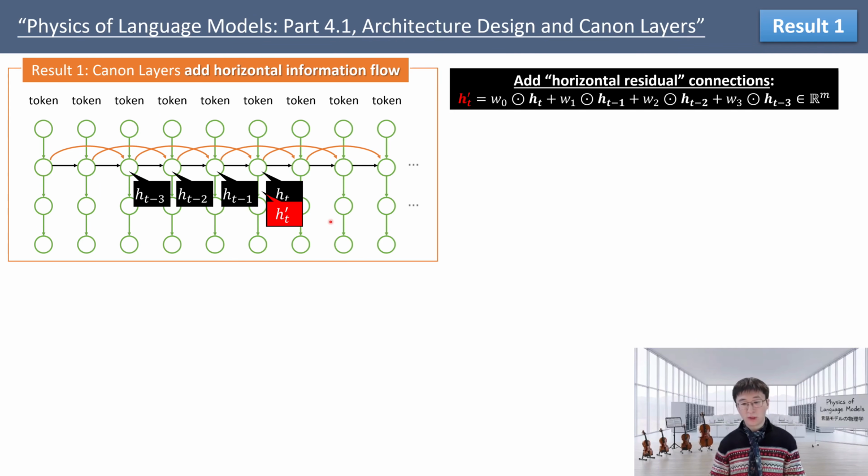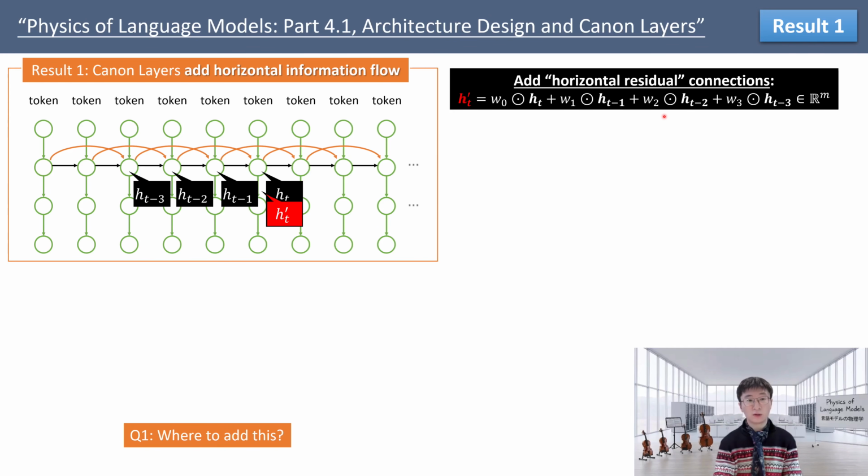Next, whenever you forward to the next, deeper layers, in the past you just forwarded ht to the next layer, but now you use ht prime. This way, you can add such horizontal information flow very easily, using such a cheap linear operation.